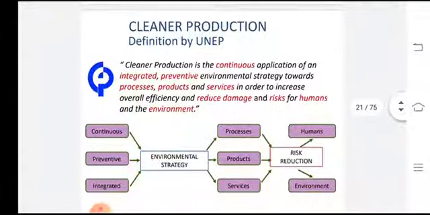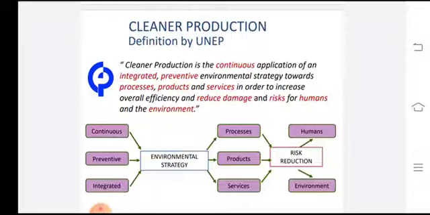And this is the definition. Cleaner production is the continuous application of an integrated, preventive, environmental strategy towards processes, products, and services in order to increase overall efficiency and reduce damage and risk for humans and the environment. So this definition has been demonstrated graphically in the lower section.